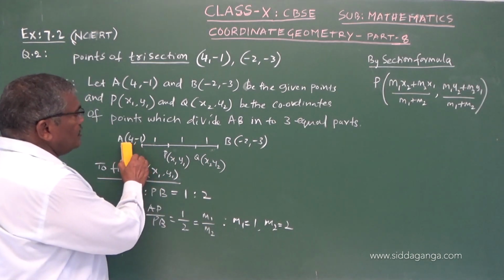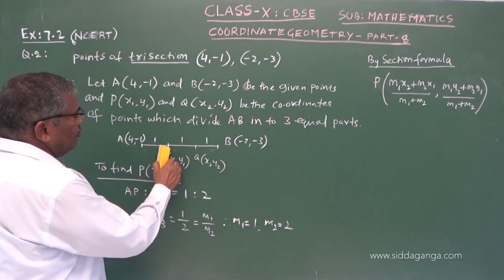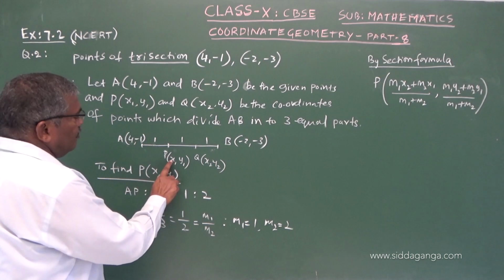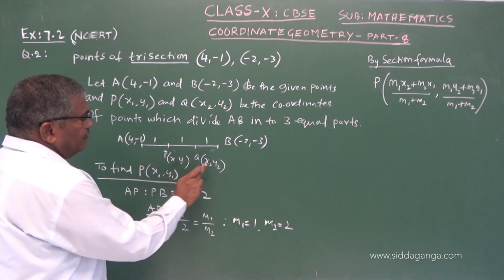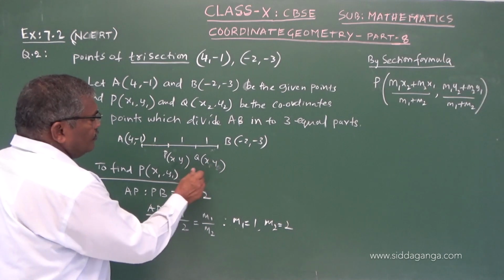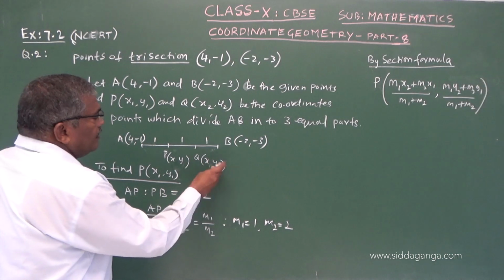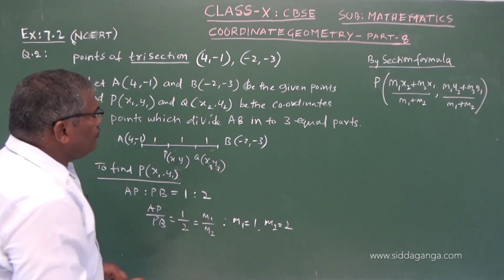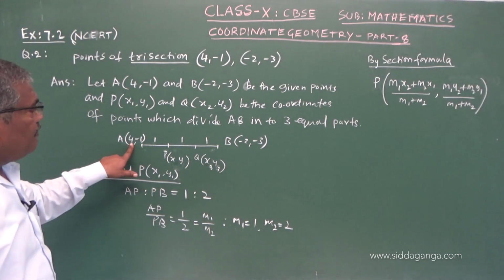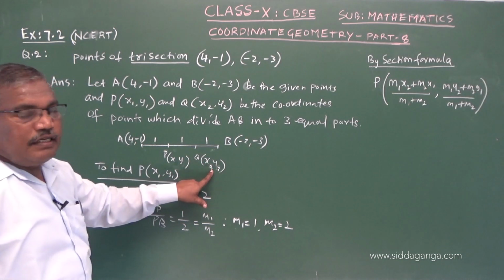So now this is A, B, and we are finding the coordinates of P. Here you can call this P(x, y) and Q (x3, y3), otherwise you will get confusion. This is x1 y1, x2 y2, and x3 y3 let us say.